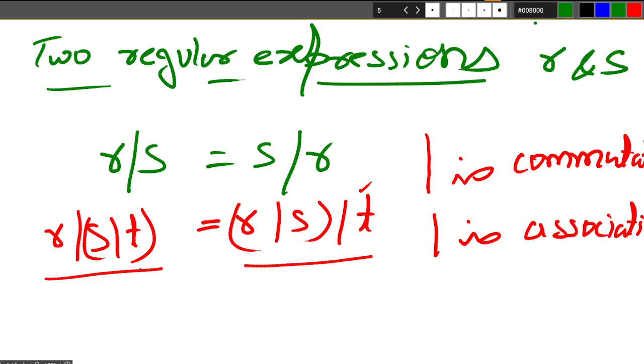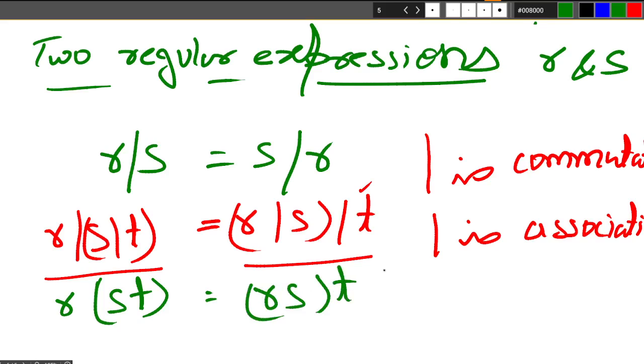Now, suppose you have the concatenation operation. If you are writing R dot S T, is it possible to write it as R S together and then T? Let me ask this question to you all.